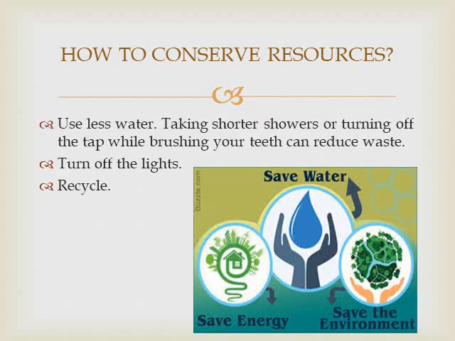So, students, how to conserve resources? We can conserve resources by using less water. Taking shorter showers, or turning off the tap while brushing your teeth can reduce waste. Turn off the lights when you are not in the room and recycle.